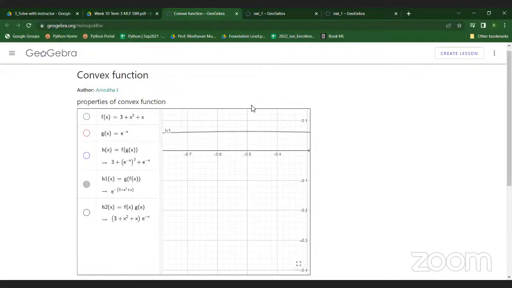We have this function as e power minus 3 minus x square minus x, correct? We'll take this as h1 of x. h1 dash of x, the first derivative, is going to be equal to e power minus 3 minus x square minus x multiplied by minus 2x minus 1.